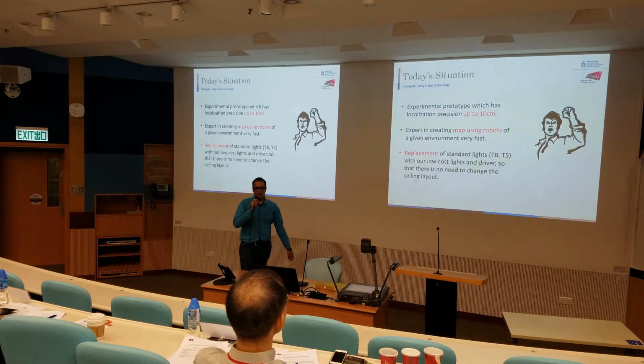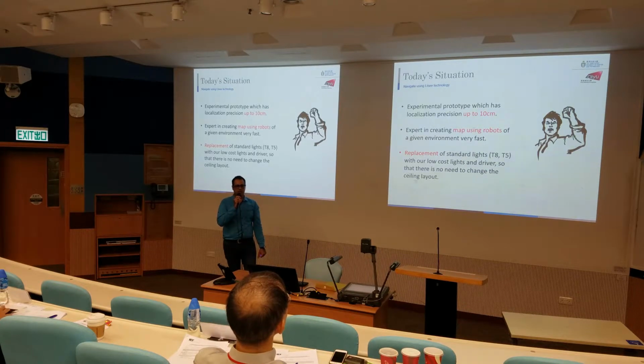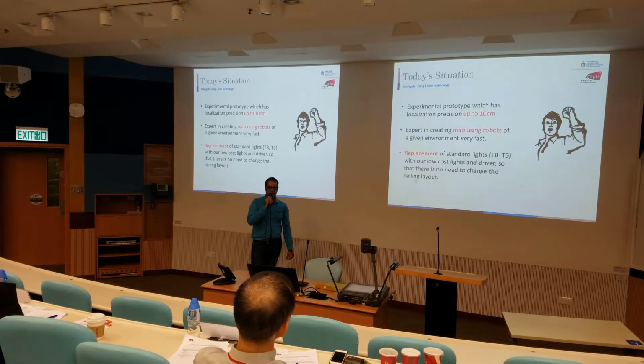So what we got in results: our experimental prototype has a localization precision for indoor environments of up to 10 centimeters. And because we are from a robotics and perception lab, we are very good at indoor mapping of any given environment using LiDAR scanners and robots.